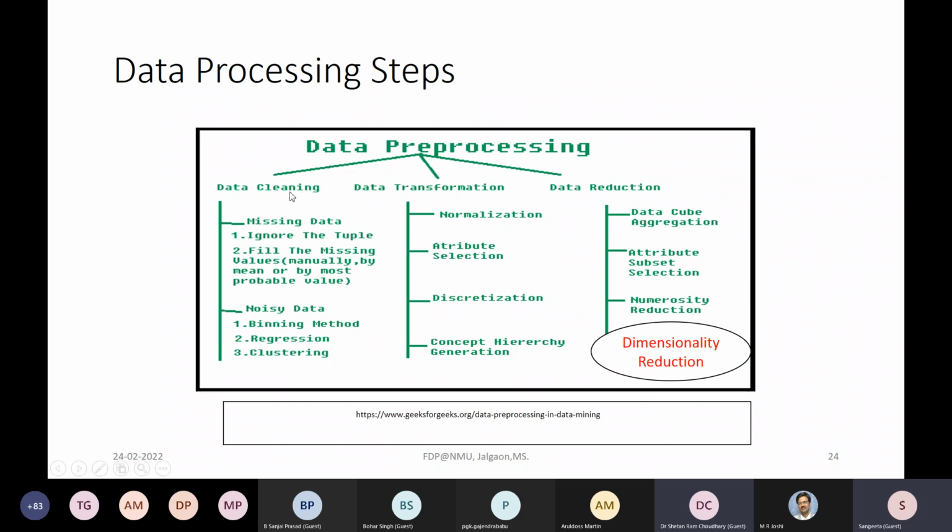Most of you know how missing data and noisy data are handled, and transformation is done through these methods. I don't need to get into much of this, but I put it here because of dimensionality reduction, one of the data reduction techniques in data pre-processing, which we used for our research paper. I will be discussing this application of machine learning with you in a few moments.